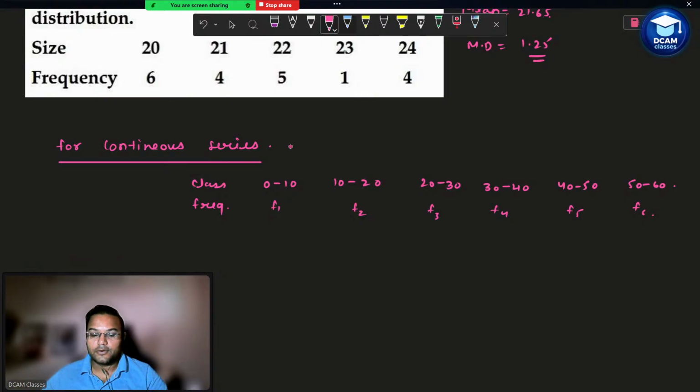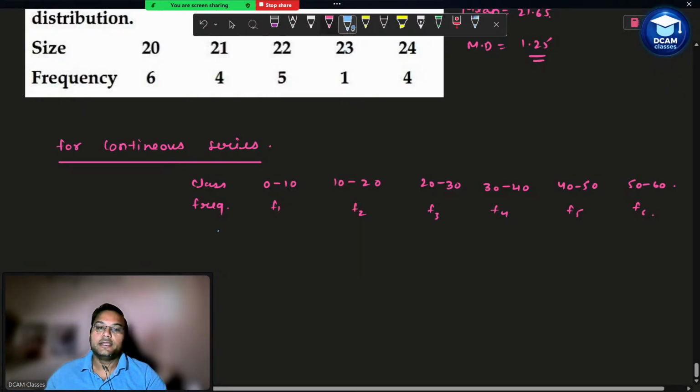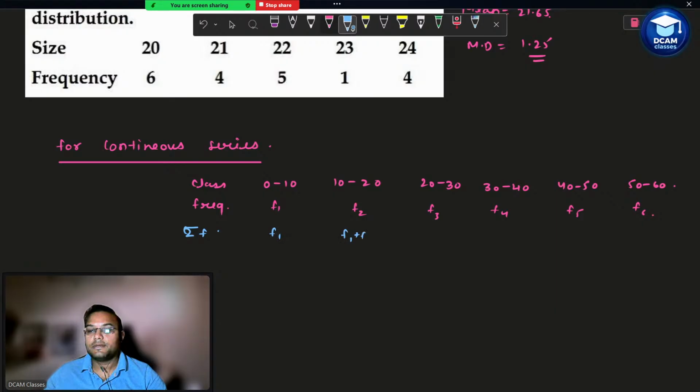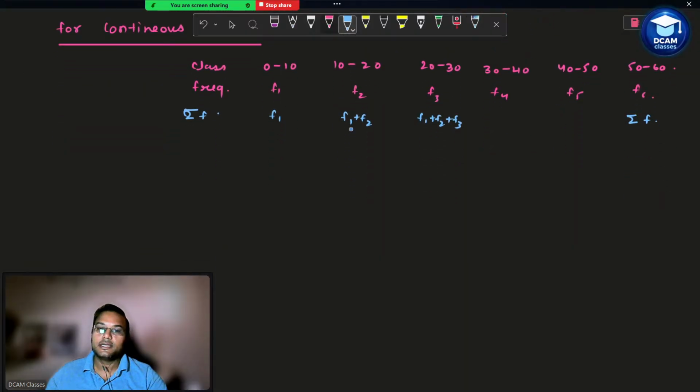Using the earlier method, find the cumulative frequency: f1, f1 plus f2, f1 plus f2 plus f3, like that, and then sigma f. Then you will have to find the median class. You already know the method to find the median class.